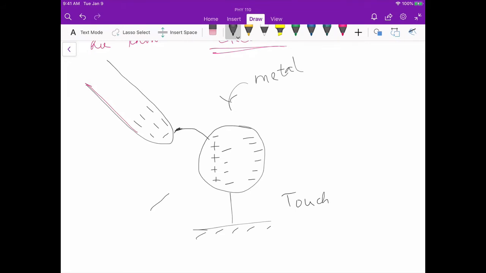When that happens, the metallic material will have extra negative charge, so you will have charged it negatively. Now the metallic material is negatively charged. That kind of charging an object by touching it is known as charging by conduction.